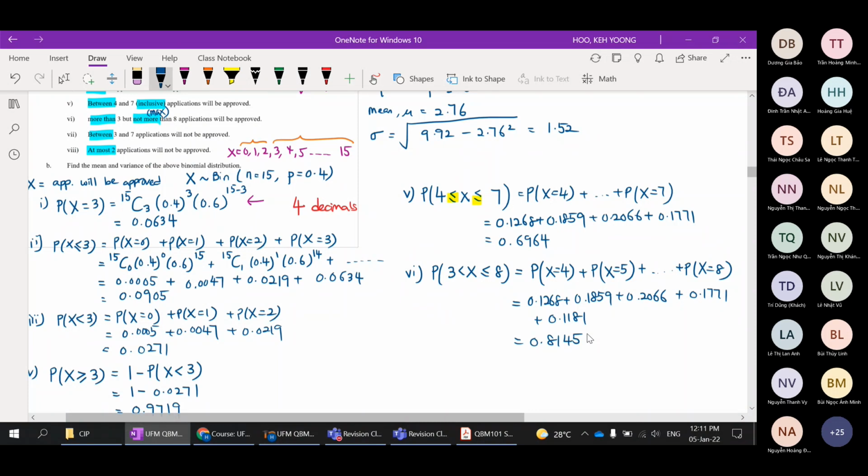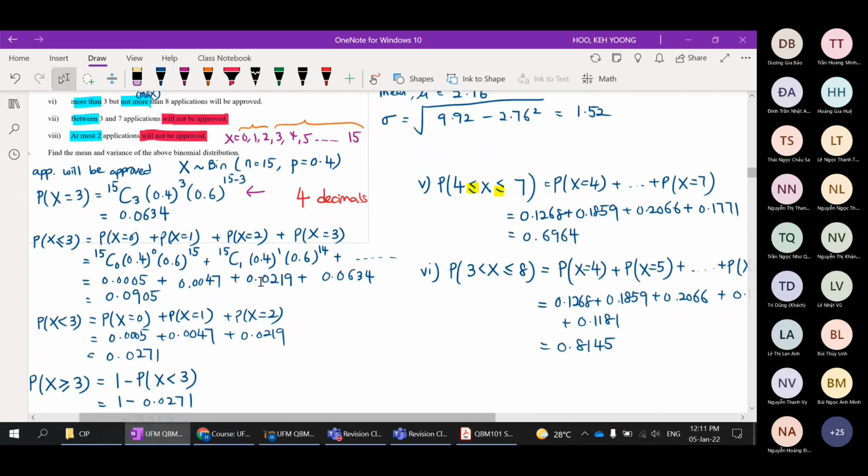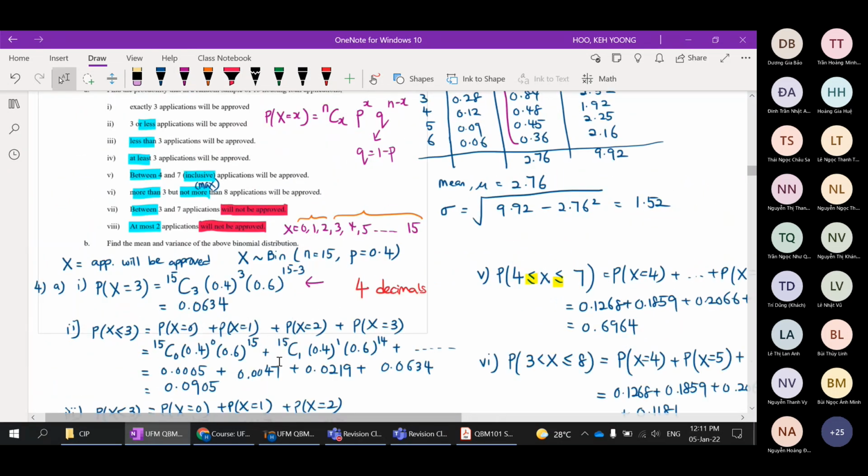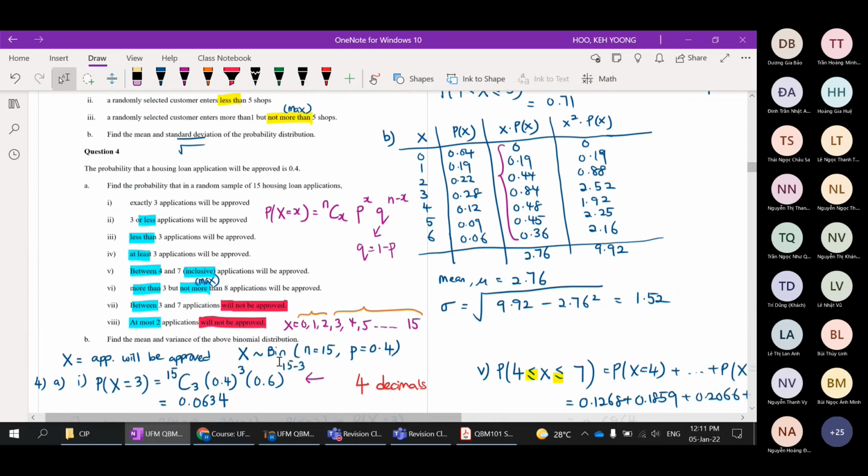Right. Next questions, question 7. Question 7 is a bit special here. The question says will not be approved. So far all the questions are asking will be approved, but 7 and 8 are asking the number of applications that will not be approved. So we need to do some adjustment on the probability of success.